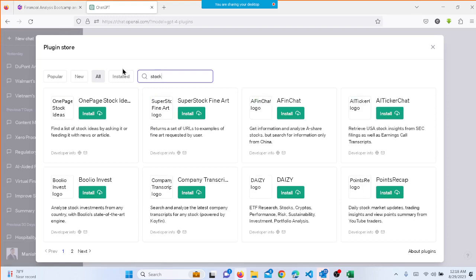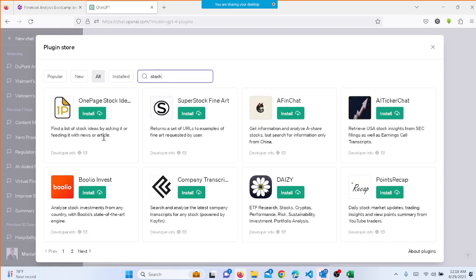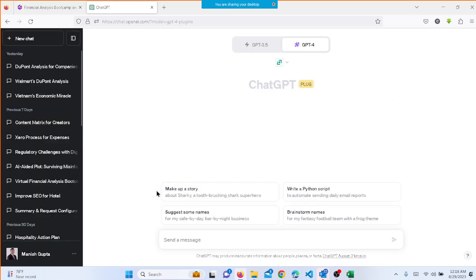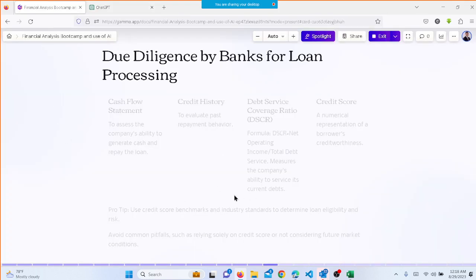I don't know if there is anything stock market related or not. Is there Bulio? Invest, analyze stock investment from any country with Bulio state-of-the-art engine. So you can try that out, or you can try another one, AI Ticker Chat as well. It will retrieve US stock insights. There are multiple ones, so you can try and play around with which suits your requirement best.